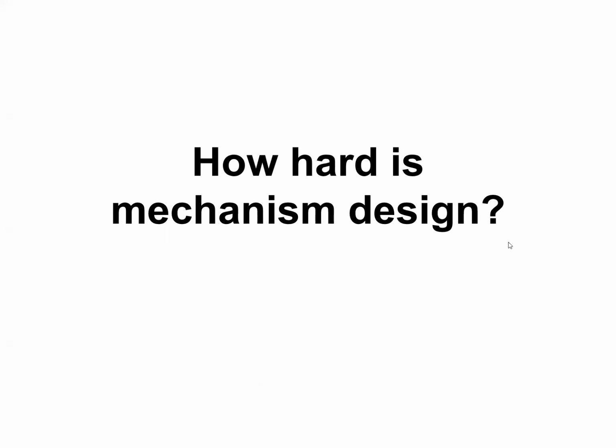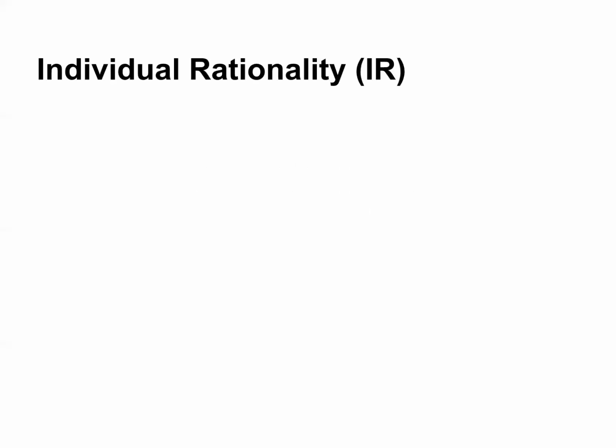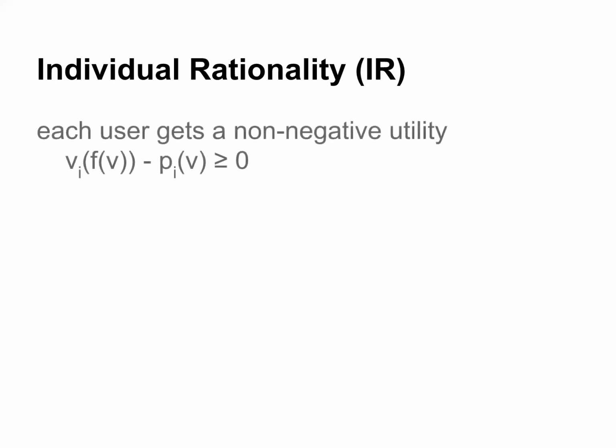And again, what's the main question is, how hard is it to design a mechanism? Well, let's see. Let's start from individual rationality. So we want to design a mechanism which is individually rational, or which makes the users happy with the mechanism. If you only want a mechanism which is individually rational, that is, you want to make every user happy, can you do that?